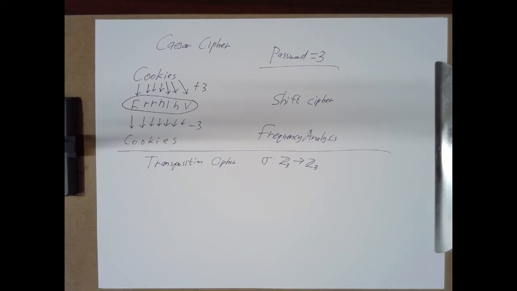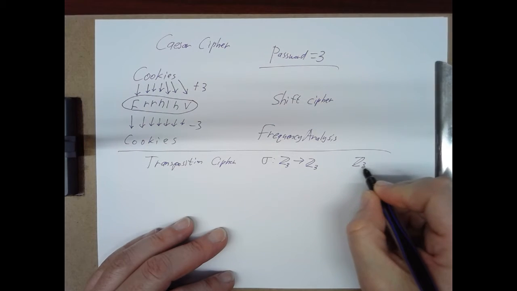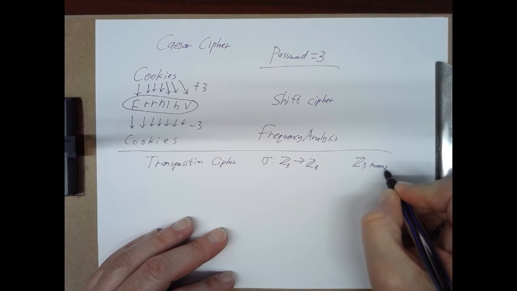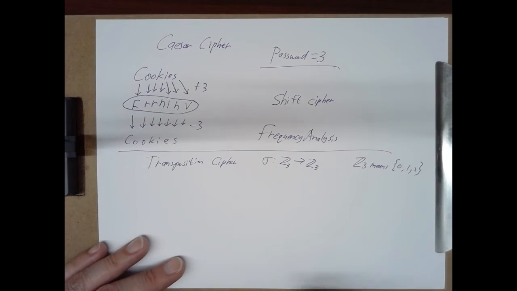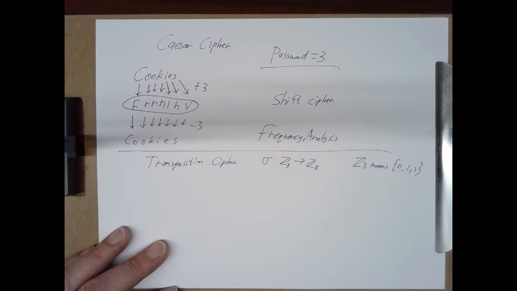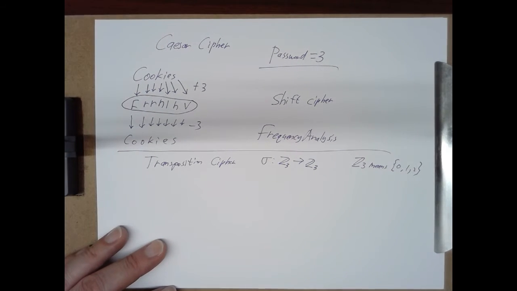So the integers 0, 1, and 2. So Z3 means 0, 1, 2. So I've got this function sigma from that set of integers to itself.